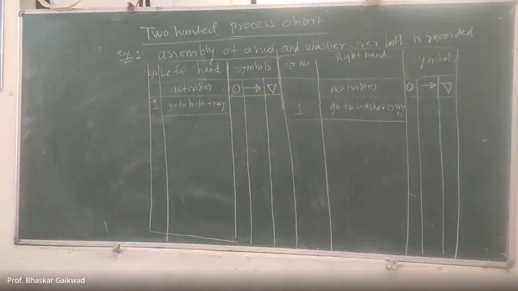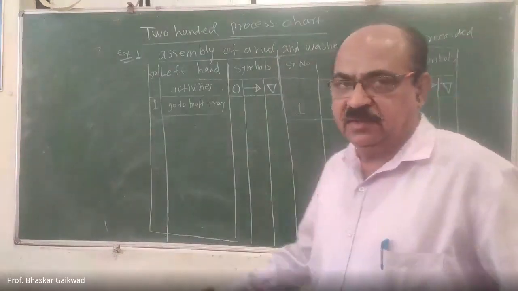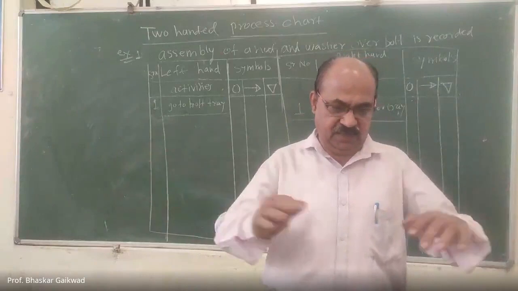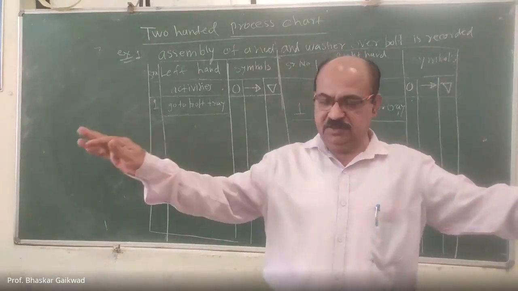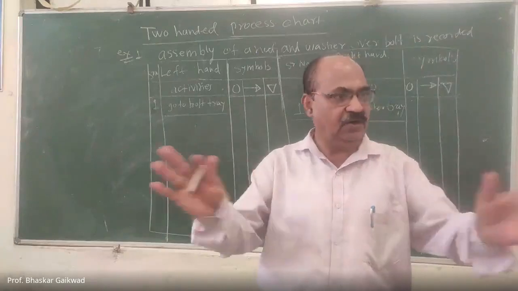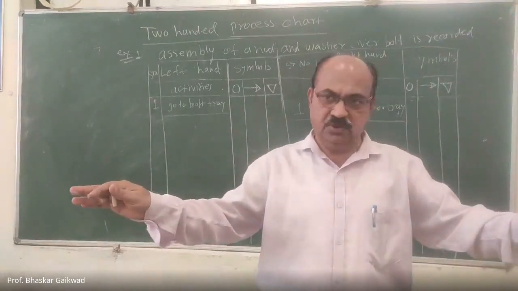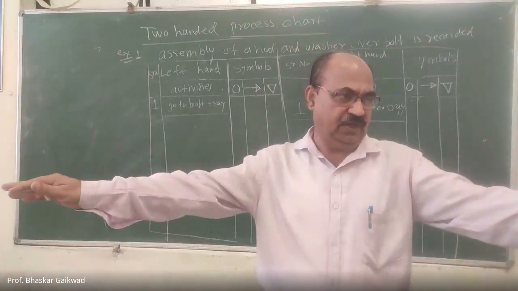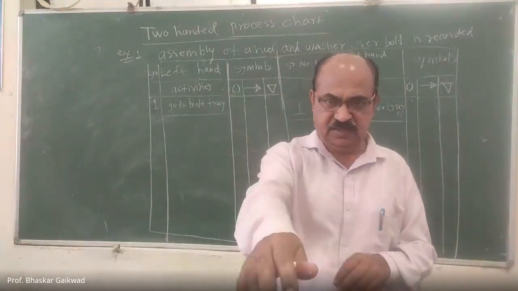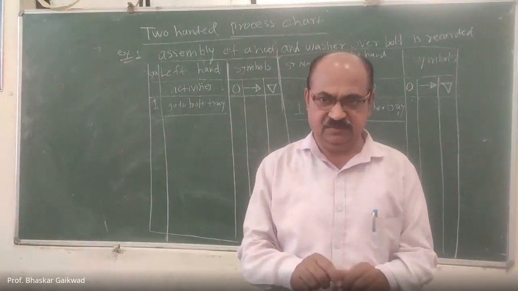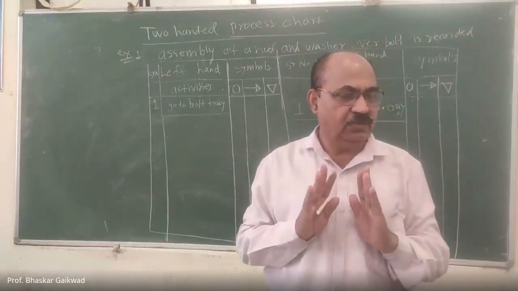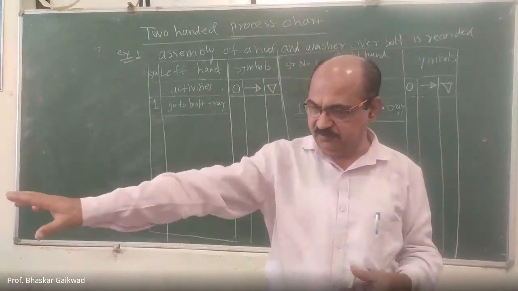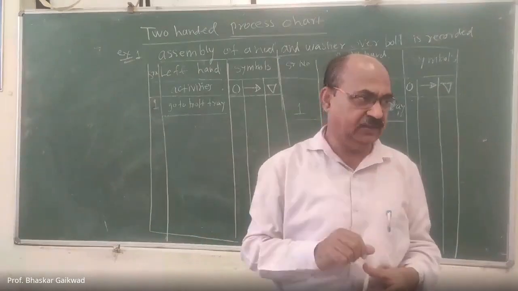First of all, I will show with the help of body language. See this. Here are the two hands, and here is the workstation. This side bolt, this side washer, and here is the nut. Or you can change this. At a time you can go this way, bring together this way, and go for assembly. You should not do it like this, one hand searching like this.